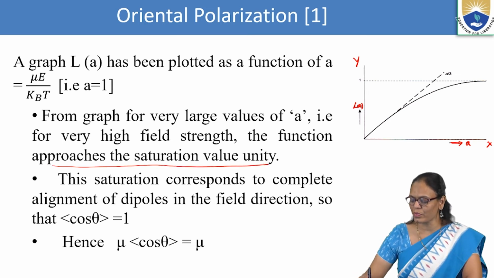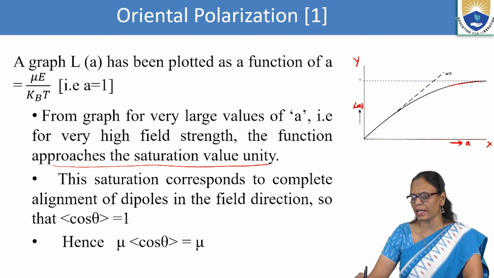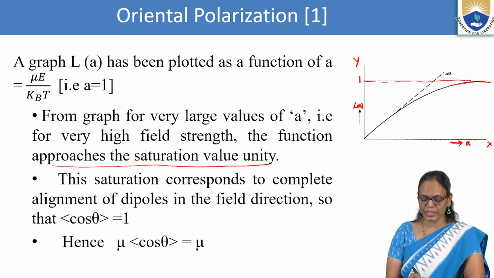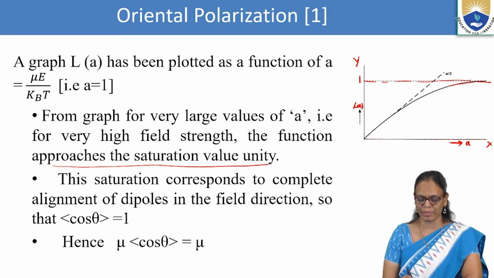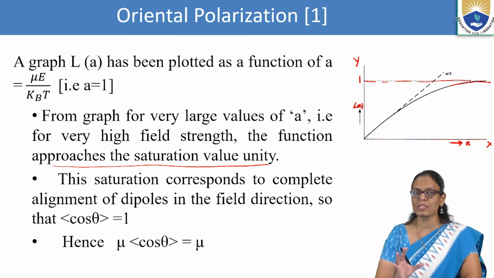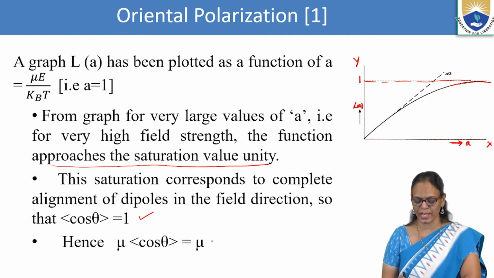As the value of a increases, it is increasing and gradually becoming constant, equal to unity. This is one important result from the graph. This saturation corresponds to complete alignment of dipoles in the field direction. Whenever we apply an external field, all the dipoles that are oriented in random directions will complete their orientation in the direction of the field, so that cos theta is equal to 1. So if cos theta is equal to 1, then μ cos theta is equal to μ.